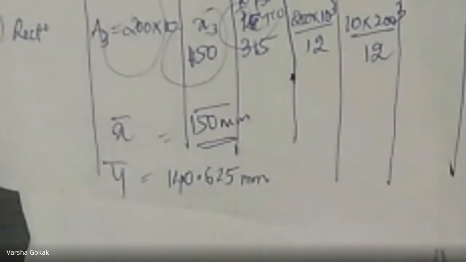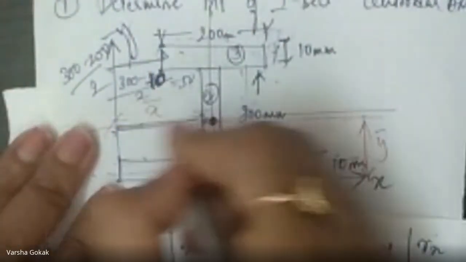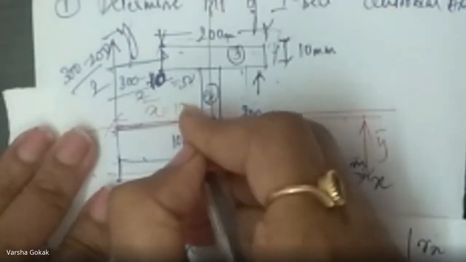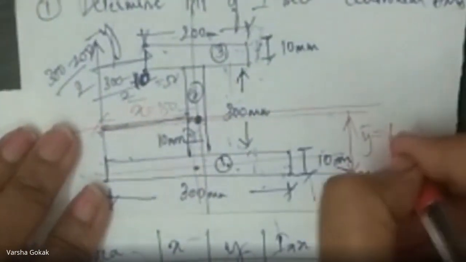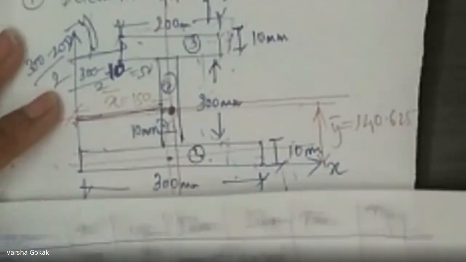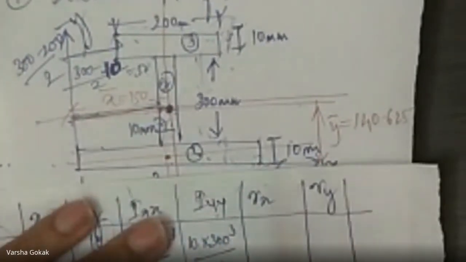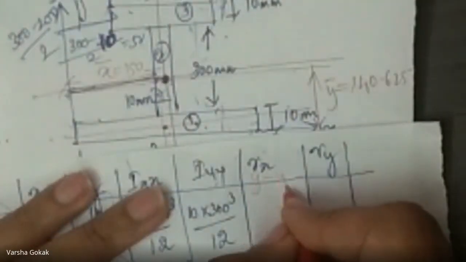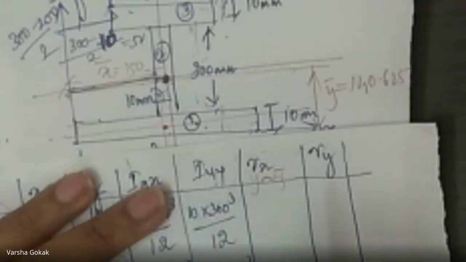Now these are your x bar and y bar. So when I look into this figure now, we got 150 and we got y bar as 140.625. Clear? Now, when I'm taking Rx and Ry, this value is nothing but the difference of y and y bar.